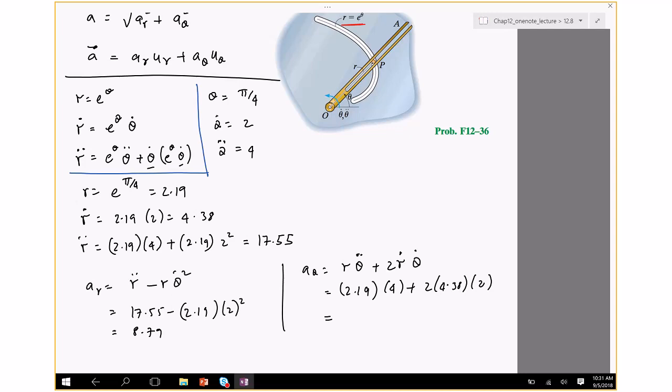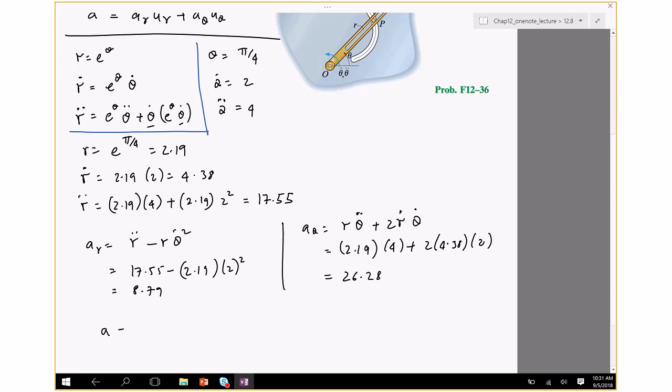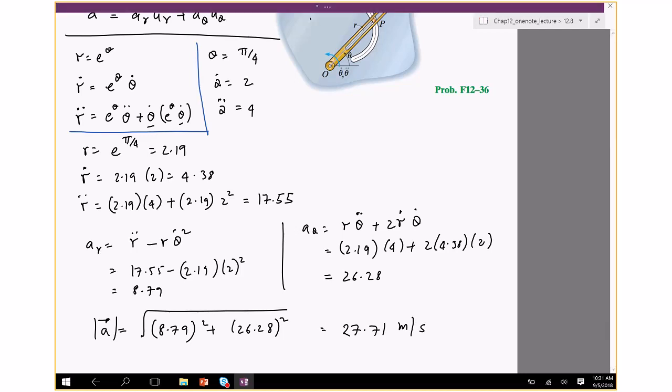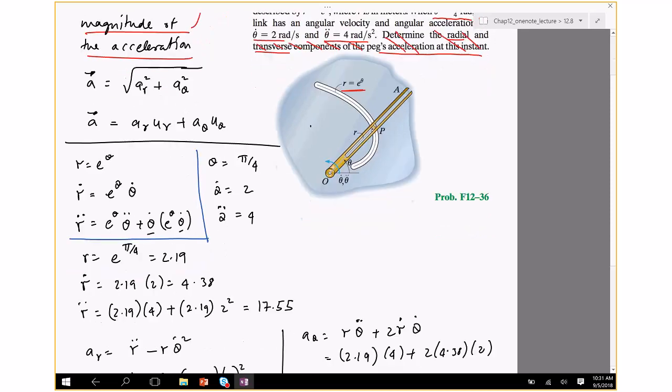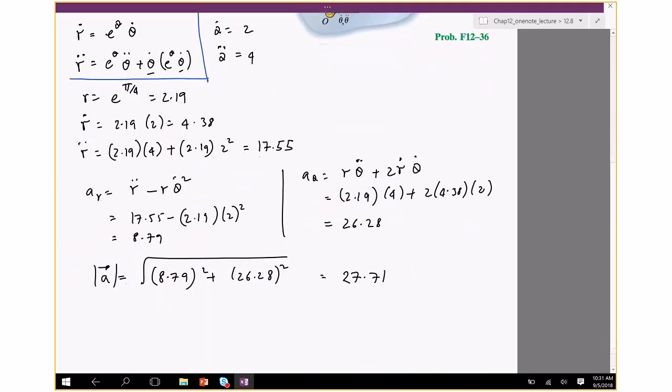So 26.28, right? And then the magnitude of acceleration is the square root of 8.79 squared plus 26.28 squared. So 27.71. I don't quite know the units, I just keep it as it is.